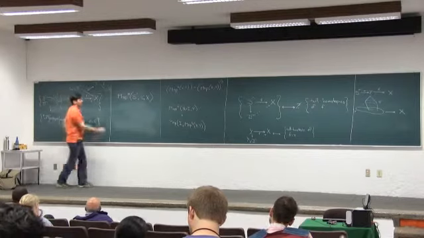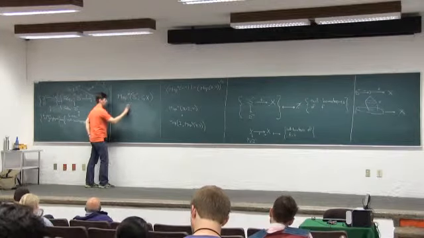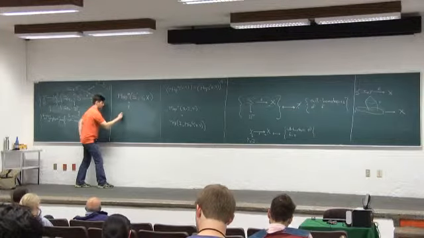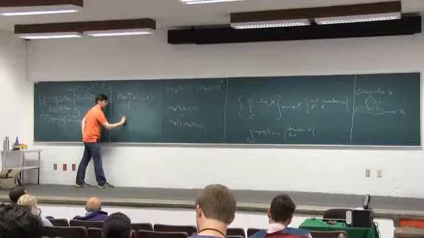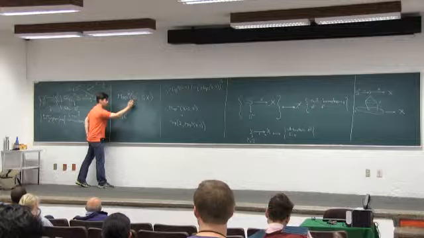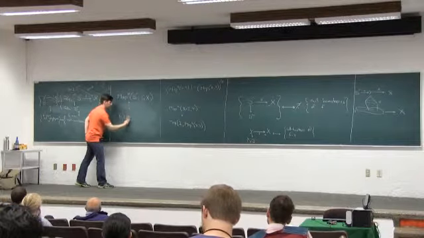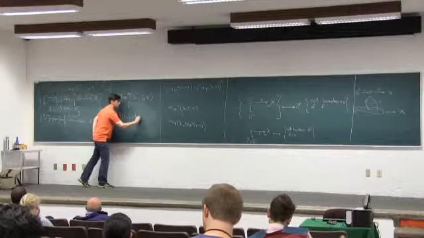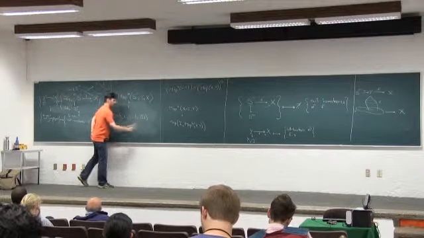Well, if you give me an element f in here, then I know that f of h times a point s in S^n, since it's equivariant, has to be h times f of s.